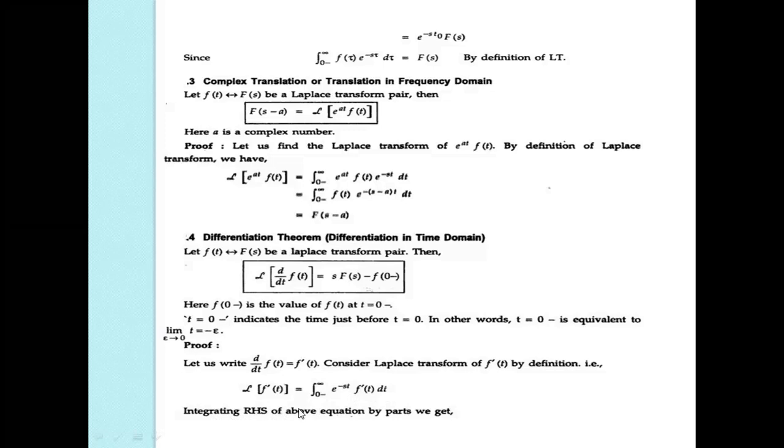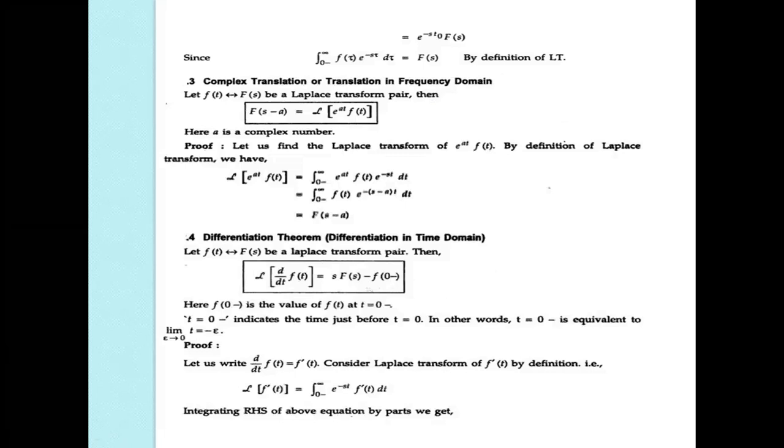Integrating the RHS of the above equation by parts, we get... What is the by parts here? The first signal is e power minus st and the second signal is the derivative of f of t.